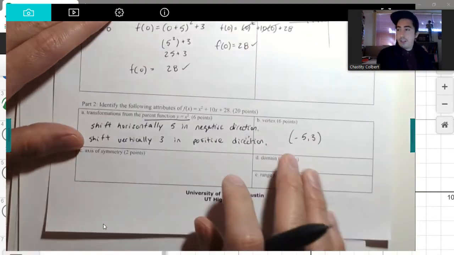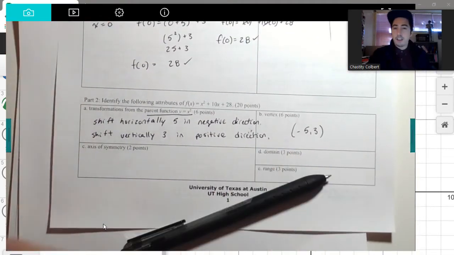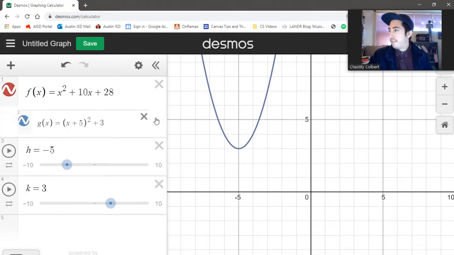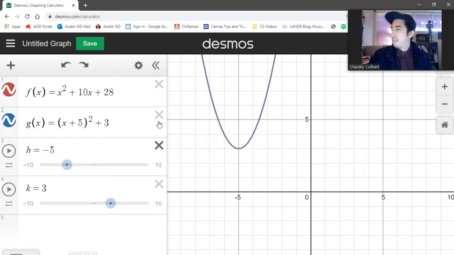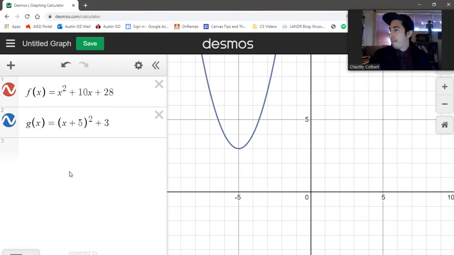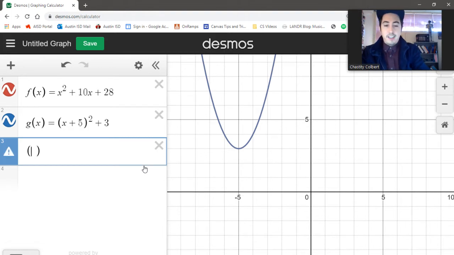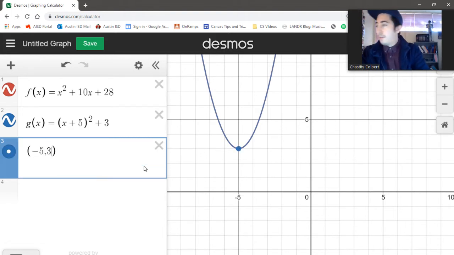The axis of symmetry. The axis of symmetry is a line that goes right down the middle, right? Look at our blue graph. Well, let's just find the vertex first. The vertex is at -5, 3. That's our vertex. I'm going to label it.